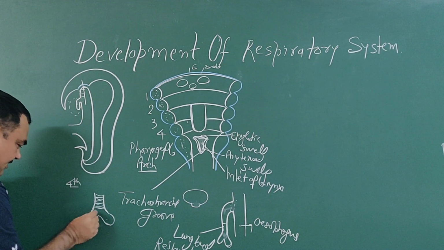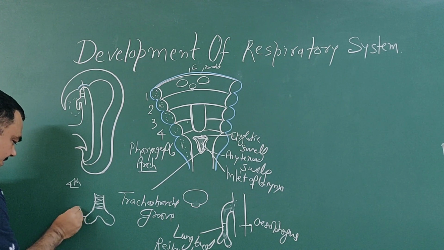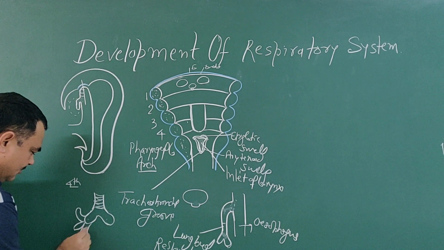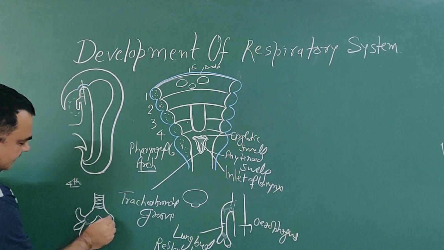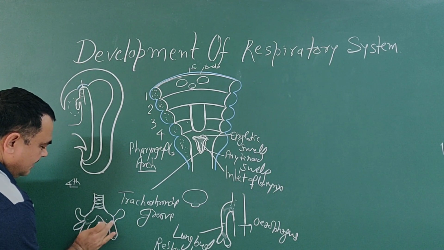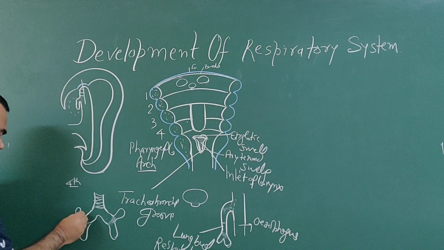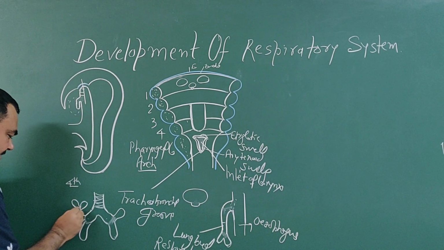And gradually these two lung buds form three lobar buds on the right side and two lobar buds on the left side. And again these lobar buds form the segmental buds.